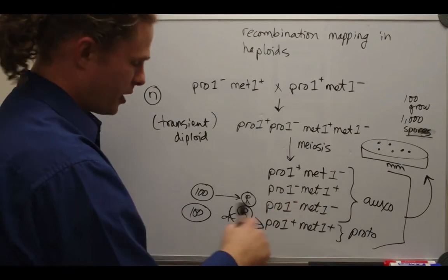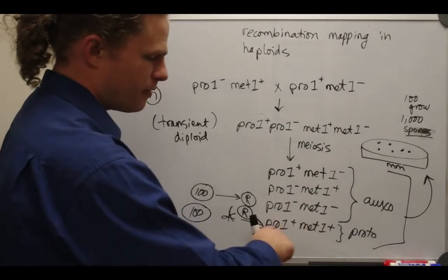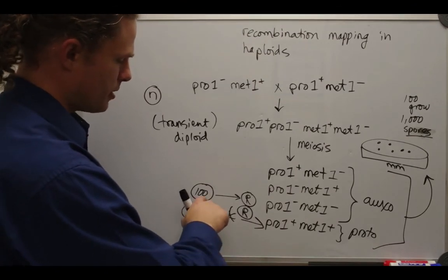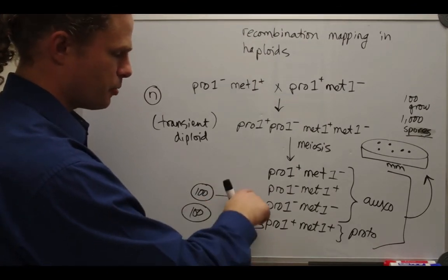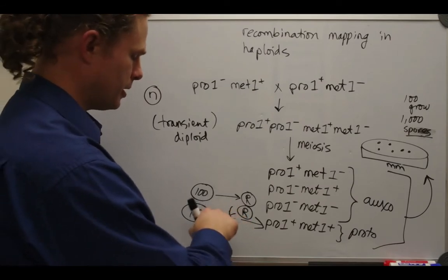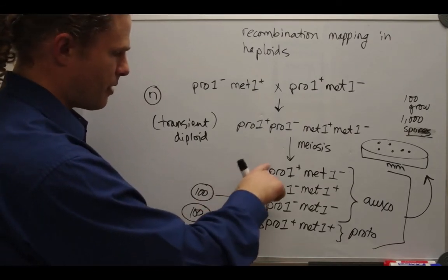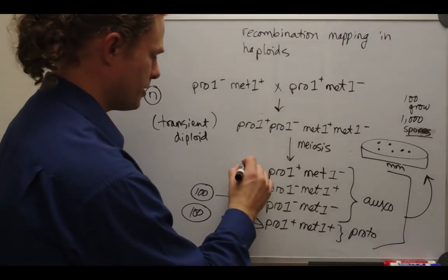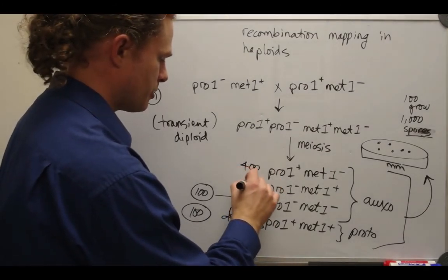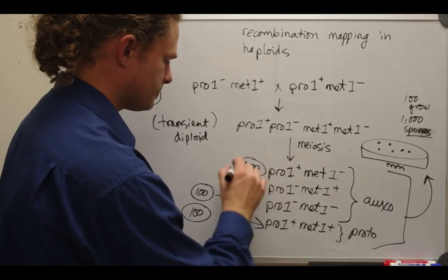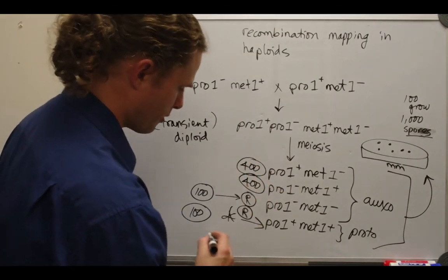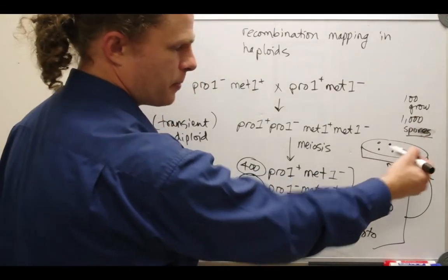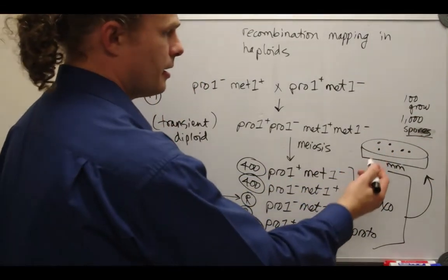As we've seen before, if you can determine the frequency of one of the outputs, you can infer the rest. So if there's 100 of these, and there's 100 of these, and these are the two recombinants, they will be equal in probability, equal in number. That would mean that the remaining 800 are found in these categories, and they will be even as well. So we would say that there are 400 of these each, which adds up to our 1,000. And that's our 1,000 spores that we plated on minimal media.